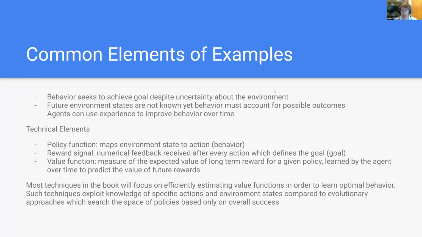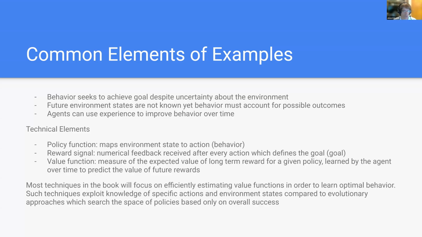So among all these examples, and if you read the chapter, there's a few other examples mentioned, but they all have a lot of certain elements in common, which is that even though there's a lot of uncertainty about the environment, the behavior is still able to try to seek whatever this goal is.